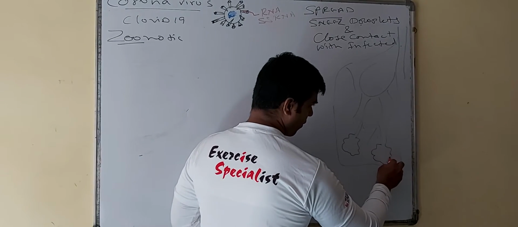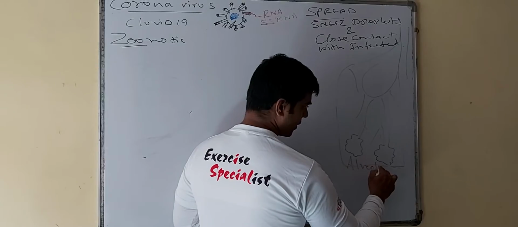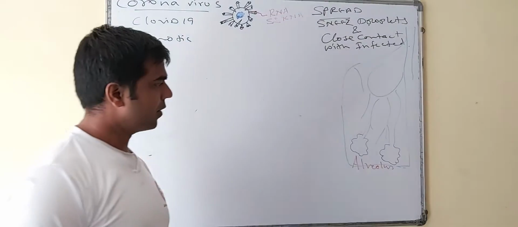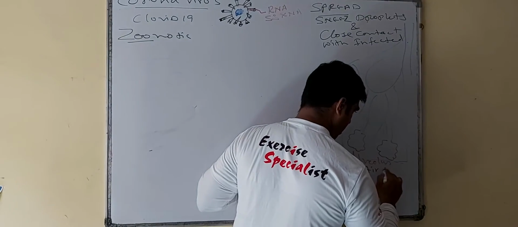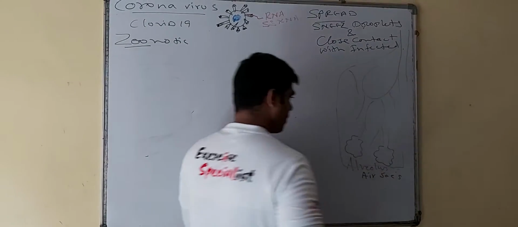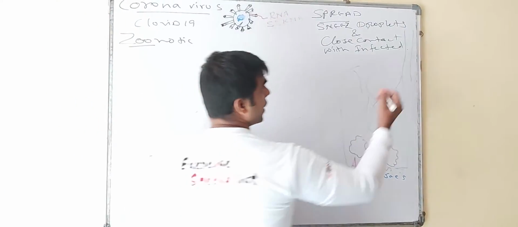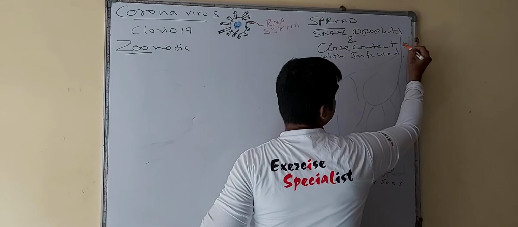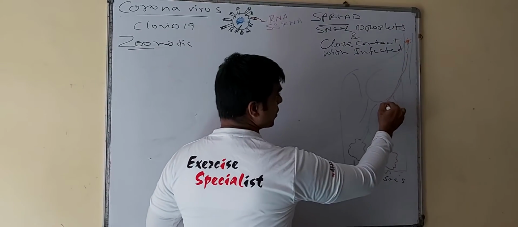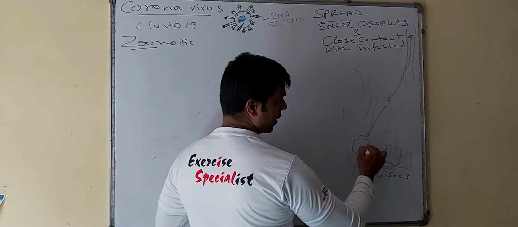This is called an alveolus, known as an air sac. Once this virus arrives in the respiratory system, it loves to settle into the alveoli.